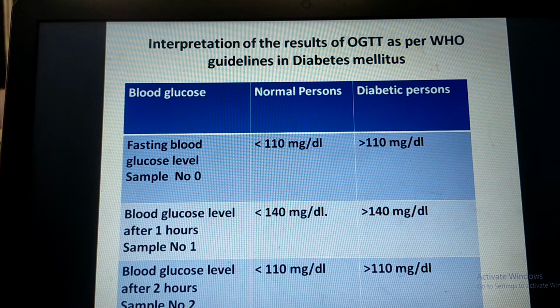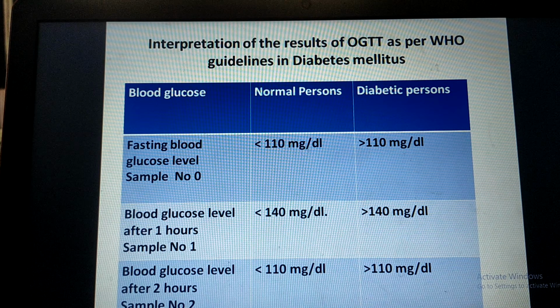But in case of a diabetic person, the blood glucose level is more than 140 mg per deciliter. The blood glucose level is also collected after 2 hours, which is called sample number 2. In a normal person, the blood glucose level comes to the fasting state after 2 hours in sample number 2, but in a diabetic person it is more than 110 milligram per deciliter.